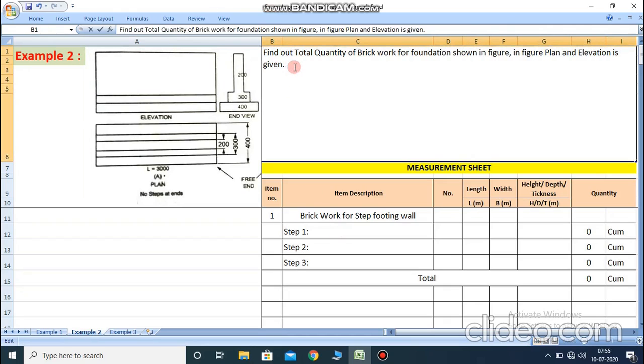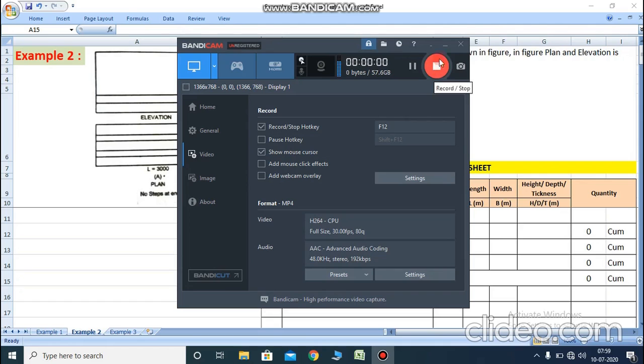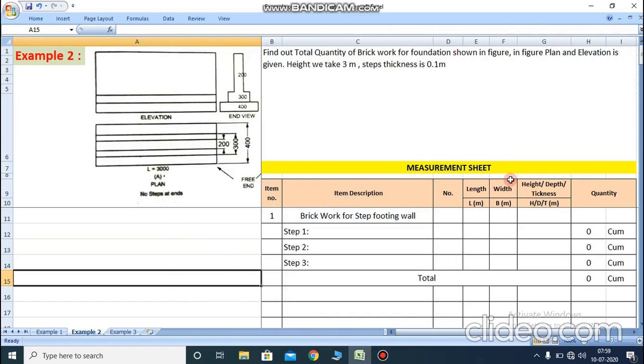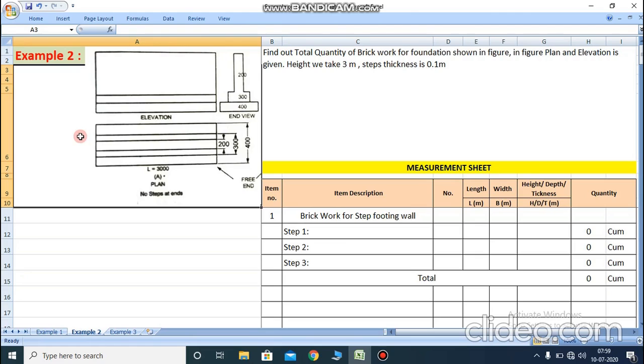Here we write a comment: height, we take 3 meter height of the wall. Now we take the step thickness as 0.1 meter.